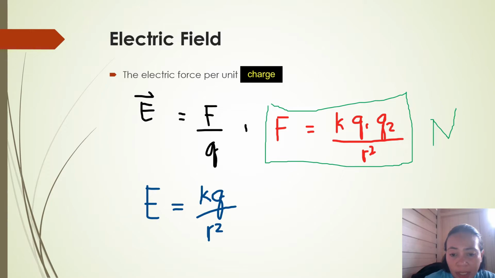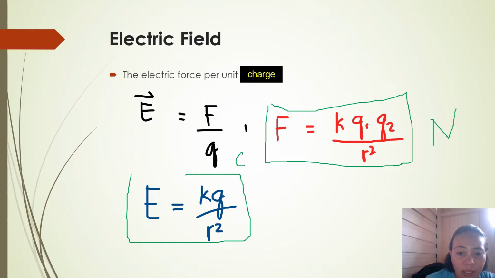It's capital C, or coulomb. So the unit will be Newton per coulomb. Now, if you're going to replace the electric force in this formula, F will be replaced by K Q1 Q2 over R square. So you can actually cancel your Q here. So what is left is this formula, which you can also use.